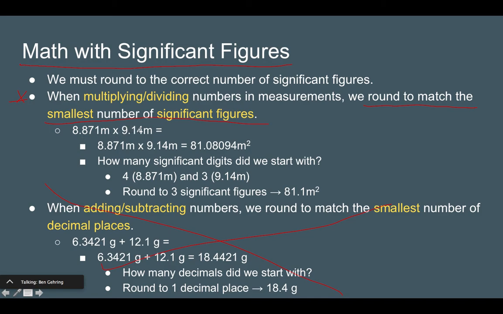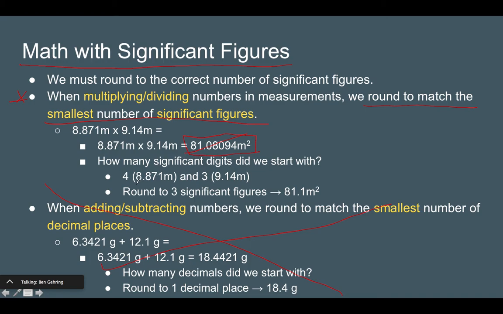So I'm going to multiply these two numbers. When I do that, I come out to 81.08094 meters squared. I don't want to see this answer on your test. What I want you to do is round that to the correct number of significant digits. So your first thing you need to do is ask how many significant digits you started with.